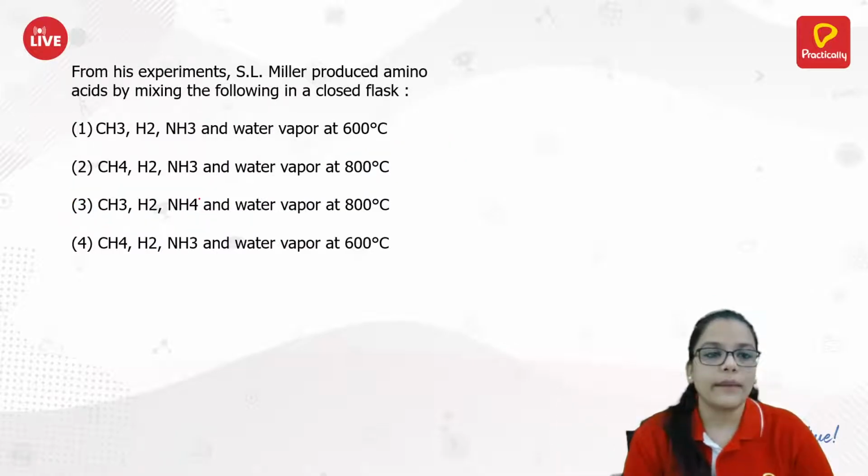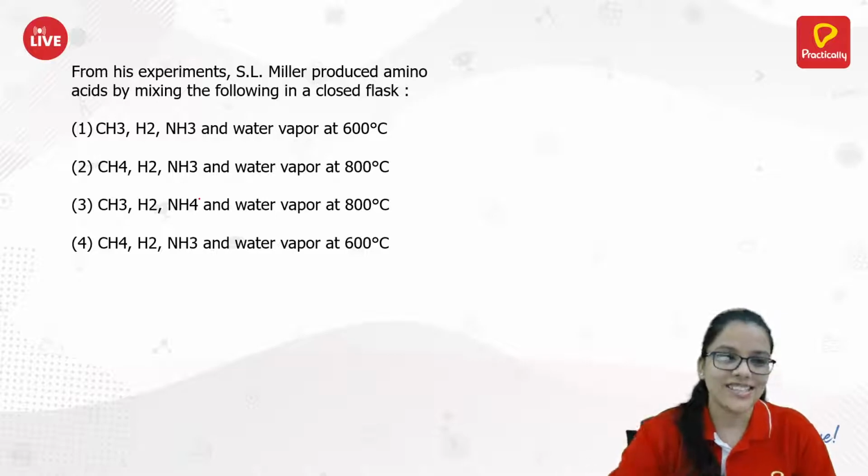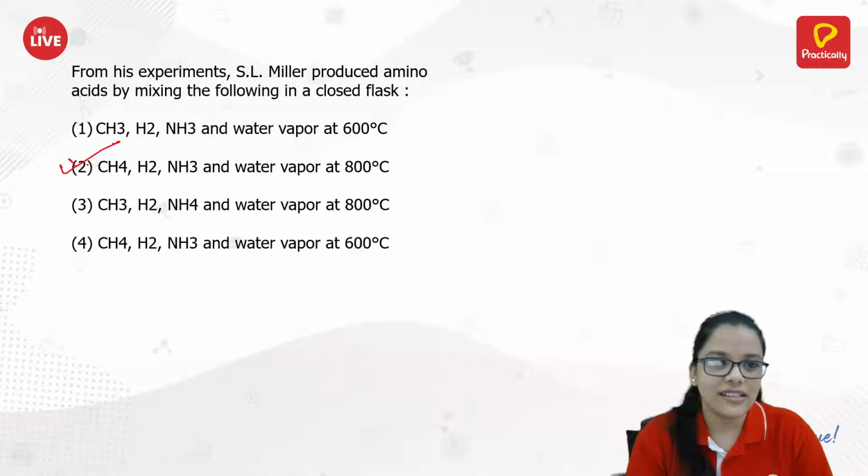Let's go. Okay. From his experiment, S.L. Miller produced amino acids by mixing the following in a closed flask: CH3H2NH3, CH4H2NH3, CH3H2NH4, CH4H2NH3. This is very confusing. Even I got confused when I saw the question paper. The answer is CH4H2NH3.